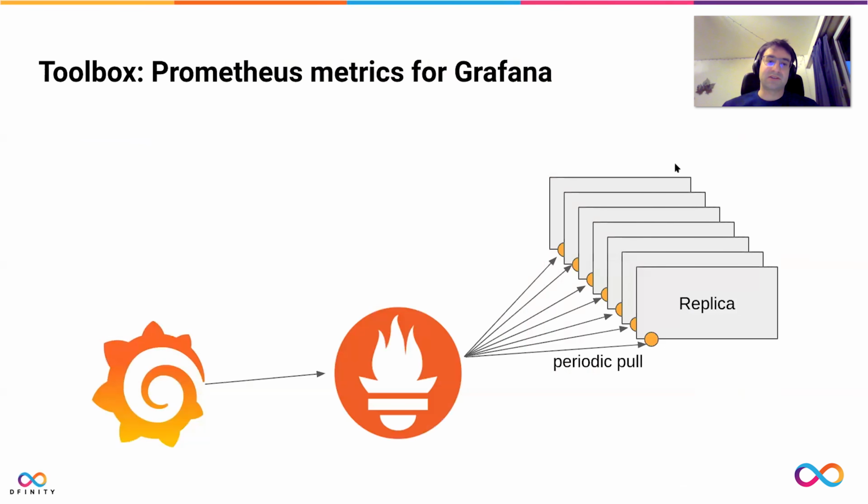And finally, there is Grafana, which is a tool that generates dashboards out of the data stored in Prometheus. That gives us a pretty good understanding of what the system does, because essentially each component that we have in the replica exposes some of those metrics that are well understood by the teams that are experts for those components, and they can go and look at what's happening in the system.